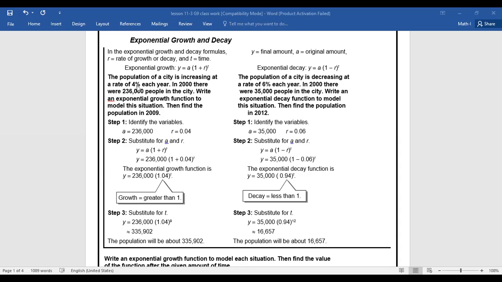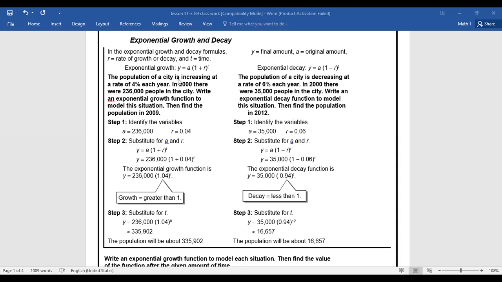If I want to change it into decimal form, I put 4 over 100, which is 0.04. In 2000, this is the starting amount, there were 236,000 people in the city. Write an exponential growth function to model this situation, then find the population in 2009. Don't forget that it started from 2000 and finished at 2009, so the period we are looking for is 9.